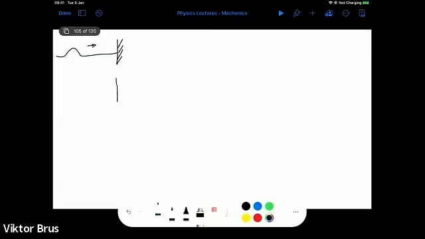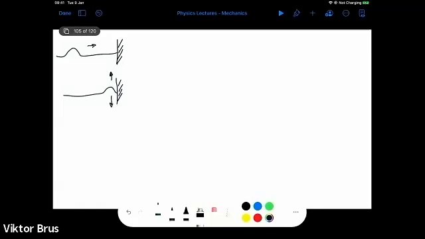When this pulse reaches the wall, it will exert a certain force directed upwards on the wall, kind of pushing the wall upwards. And according to the third law of motion, the wall will exert a force on the string, equal in magnitude but different in direction, so it will be downwards.